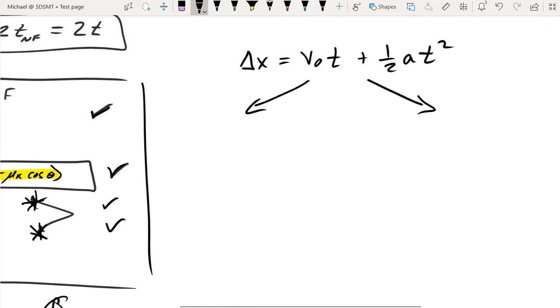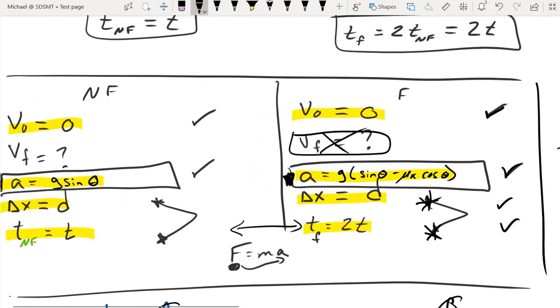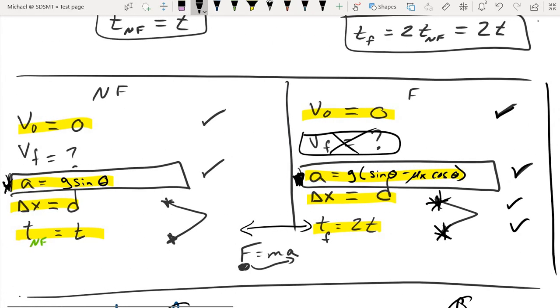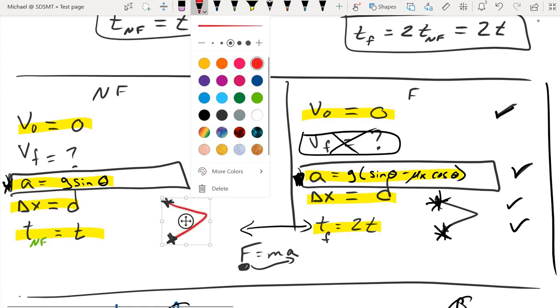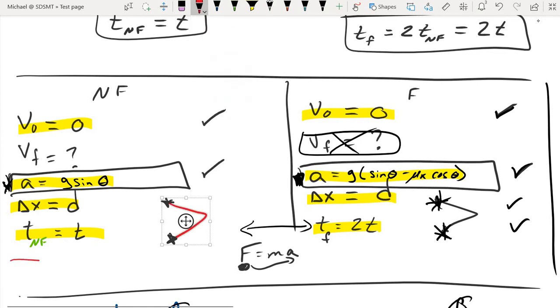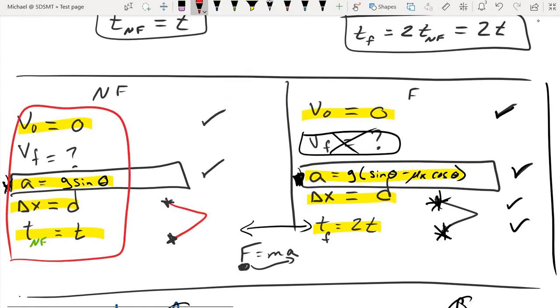And we're going to apply the information from each case to that equation. So in the non-friction case, the kinematic equation will have... I'm trying to change the color here. So we're going to plug those four values in.